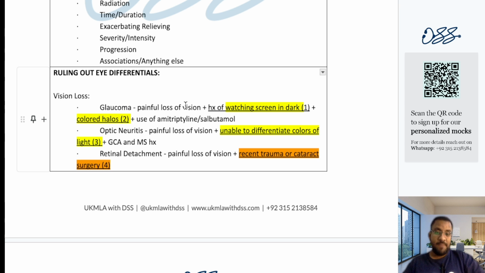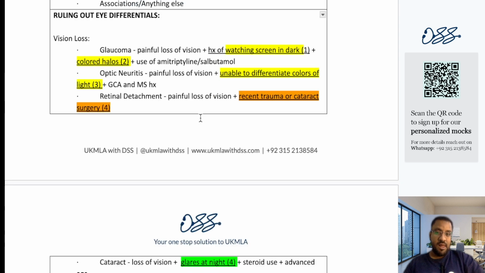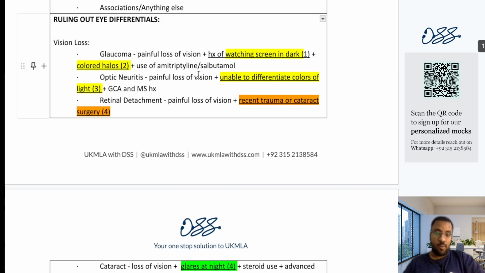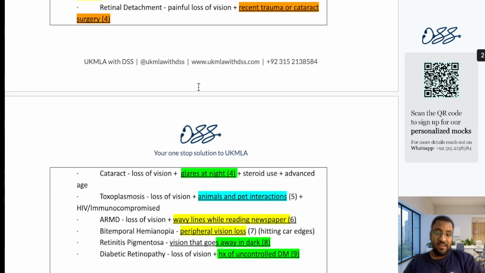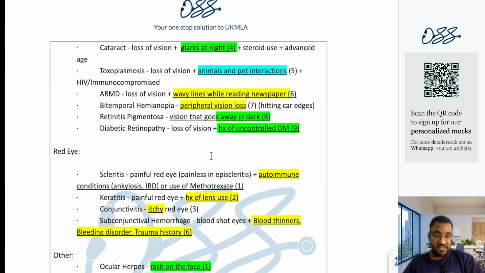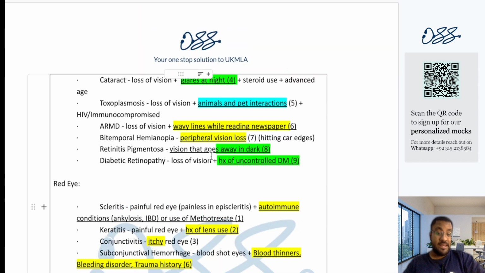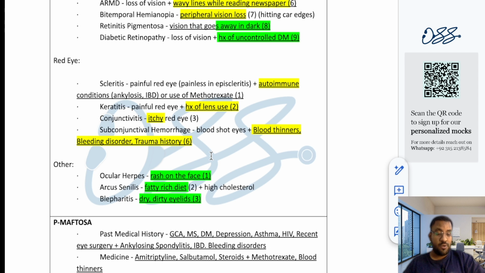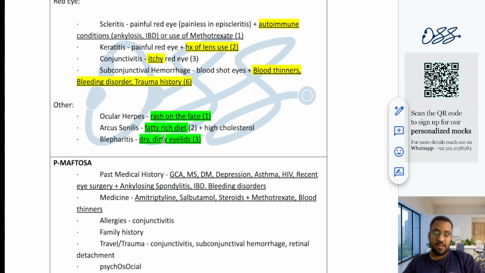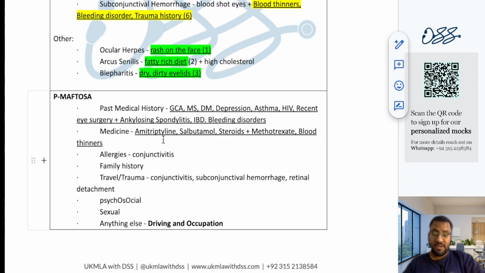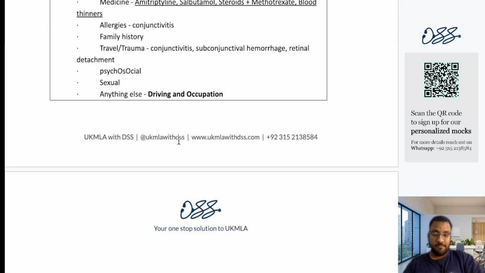So I have made it very simple and easy: what are the questions that you need to ask, and what is that one particular thing that will help you rule out a differential, because that is all you need to do. Very quickly you just need to ask directed questions, and you need to have a very differential oriented approach to make sure that you're ruling out the differentials properly, and you are coming to the diagnosis as soon as possible.